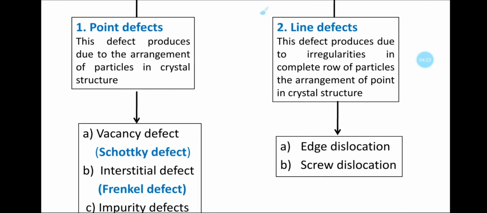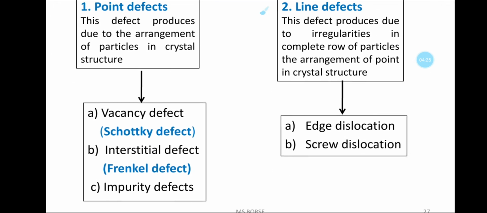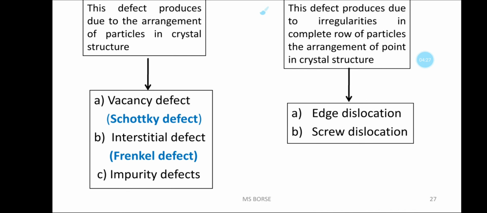Point defects are further classified into three types. Vacancy defect, that means there will be a vacancy at a lattice point. This defect was described by the scientist Schottky, so it is also recognized as a Schottky defect.